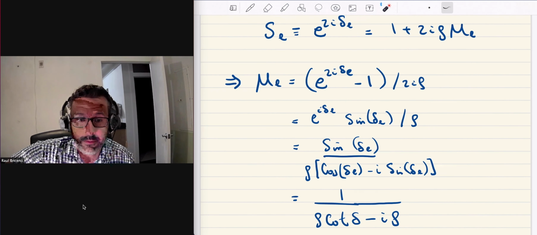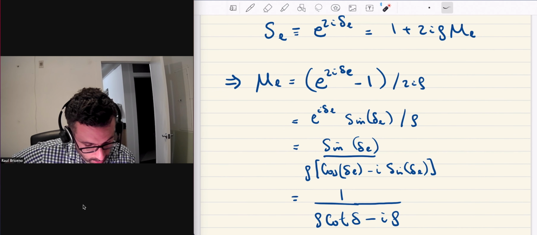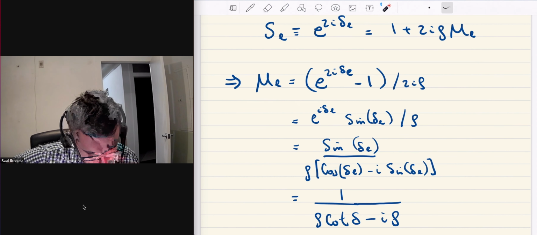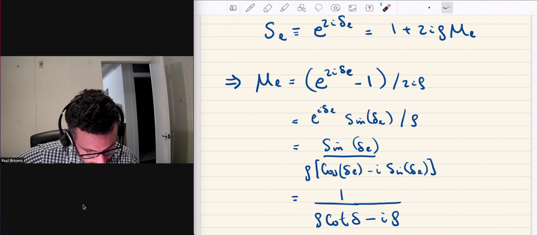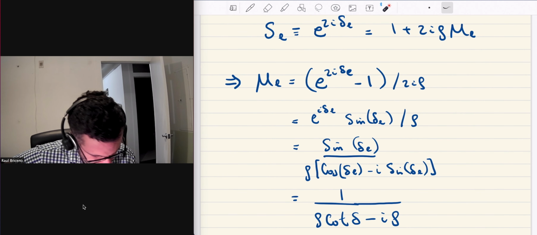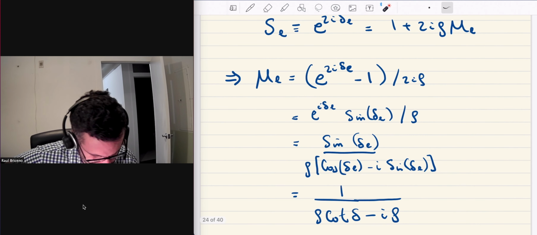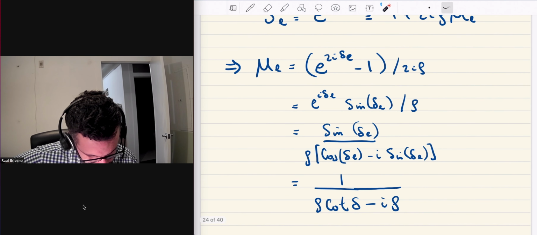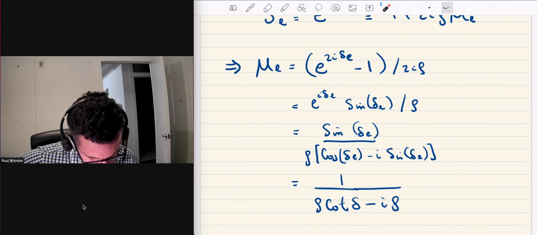Stop the video if that doesn't make sense. And then the next step, I can pull this out and bring it to the denominator, rewriting it as e to the minus i delta in the denominator. That I can write as cosine minus i sine delta. And then sine over cosine becomes cotangent in the denominator. And so I can rewrite it as this.